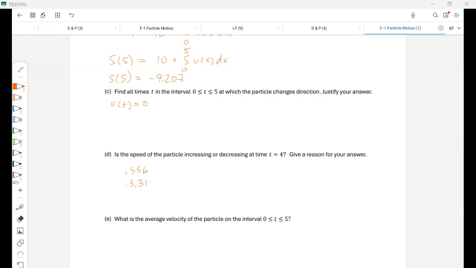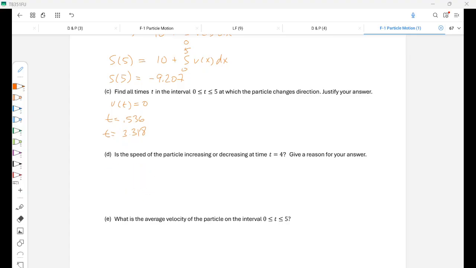Yeah. Okay. I just wanted to scroll those down before I lost them from my brain. There we go. T equals 0.536. T equals 3.318.